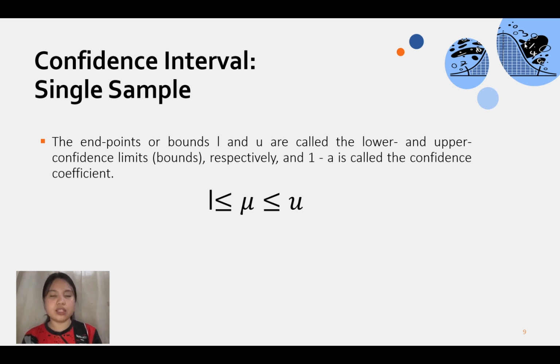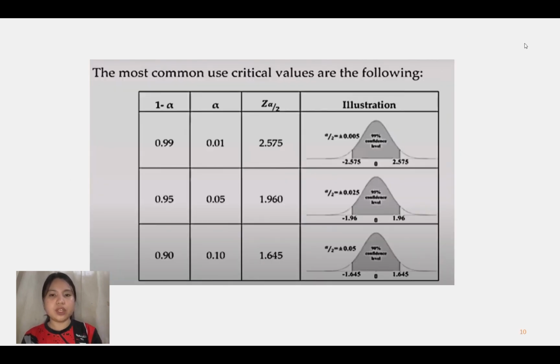Next, so meron tayong table. The most commonly used critical values are the following. Confidence coefficients commonly used are 99%, 95%, and 90%.